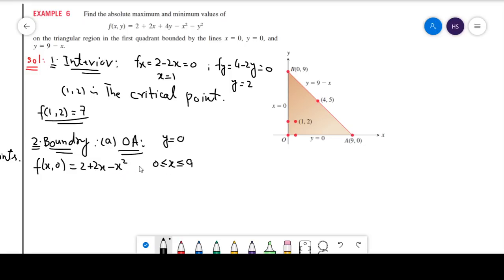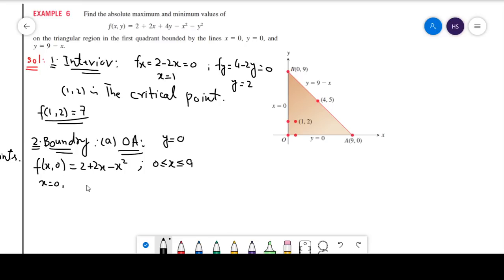First of all, let's check the boundary points, because this is a single variable function and we need to check the endpoints as well. So if x is equal to 0, y is always 0, because on this whole segment OA, y will always be equal to 0, since this line segment lies on the x-axis.